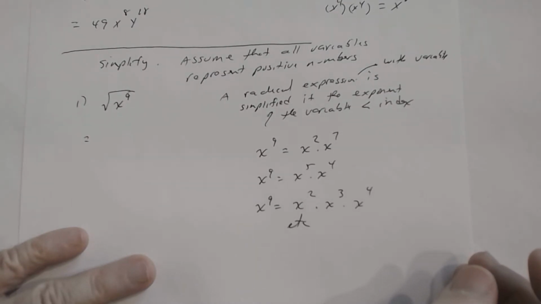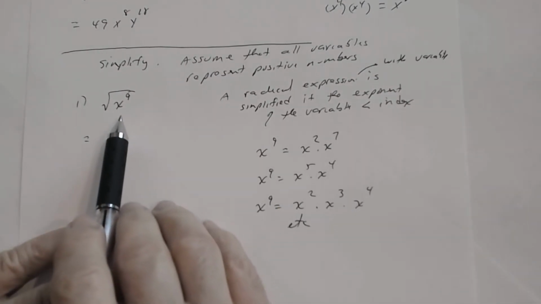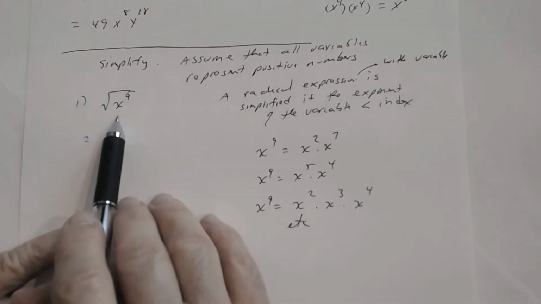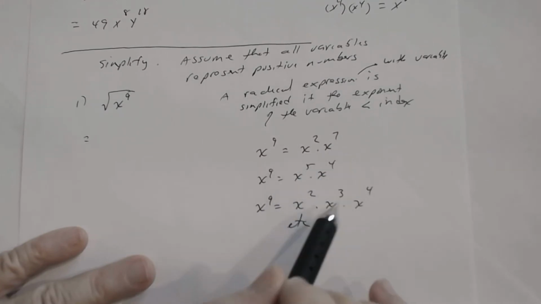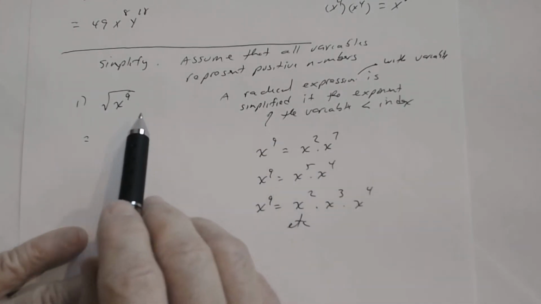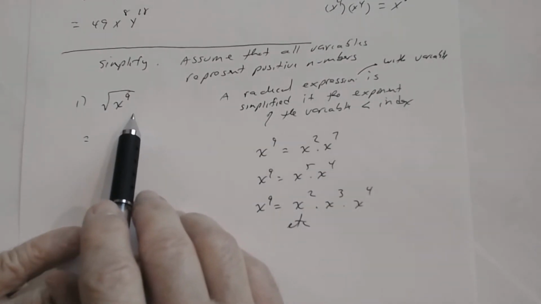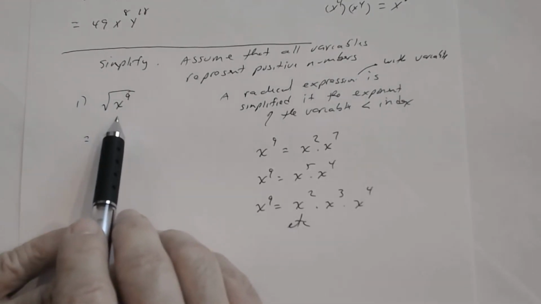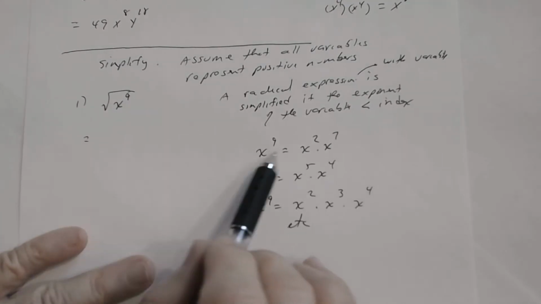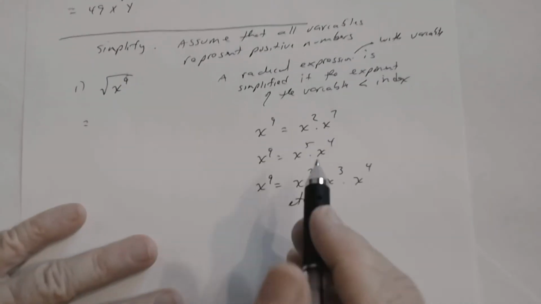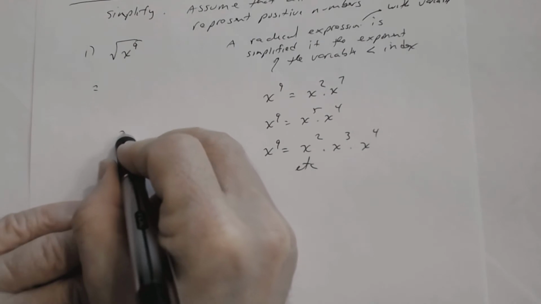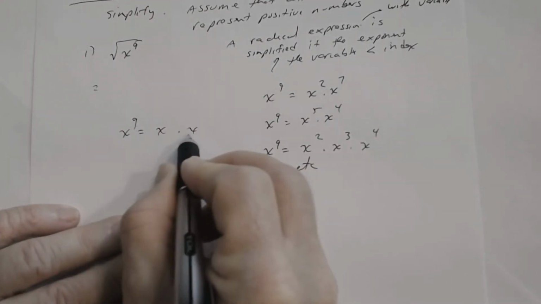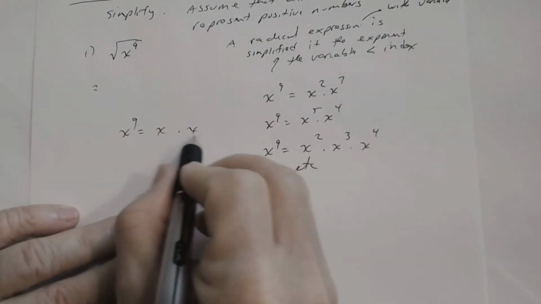What you want to do here, though, when simplifying the square root of x to the ninth, is make things so much easier on yourself. And remember, we're only dealing with square roots here. The index is 2. You want to rewrite x to the ninth as a product of two factors of x.